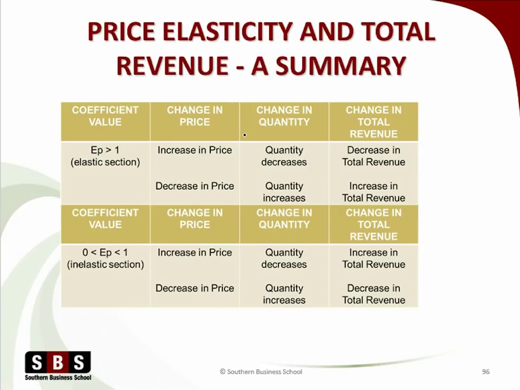So that's the inelastic share. It's smaller than 1, from 0 to smaller than 1. So that's the elastic part of the curve, and that's the inelastic part of the curve. You must just go and see for yourself what will happen to the price, quantity, and the total output or revenue.